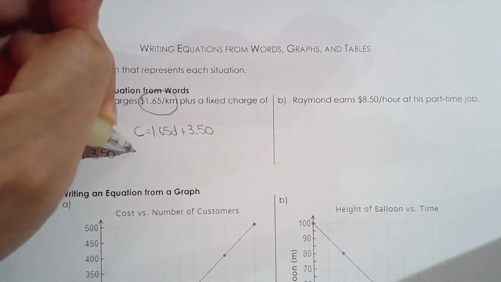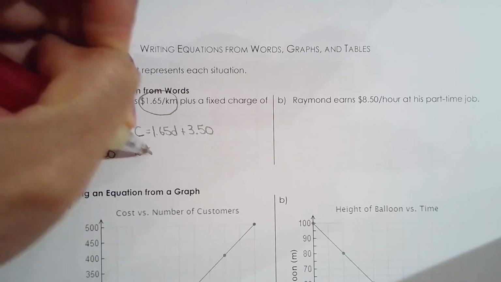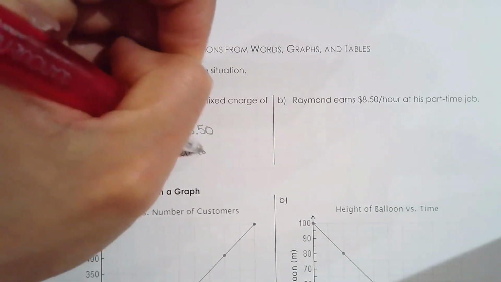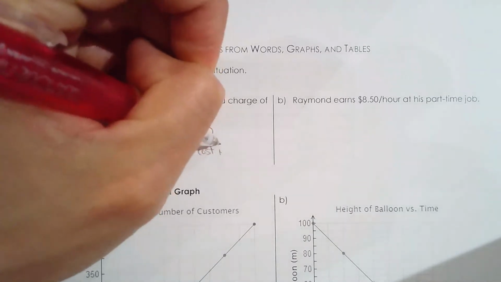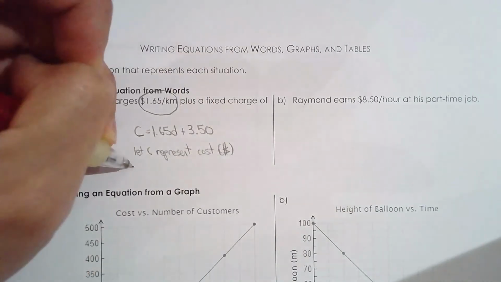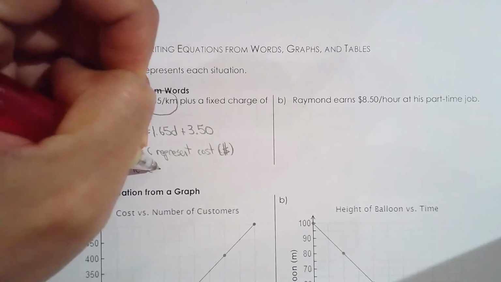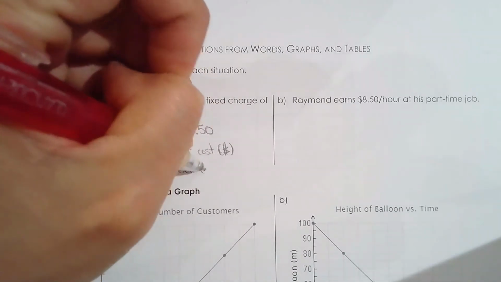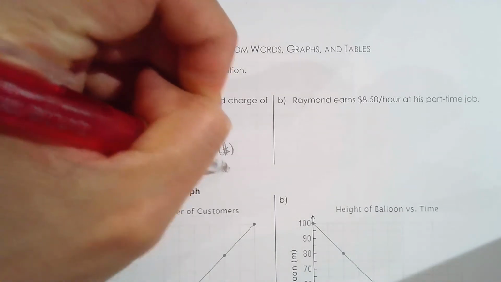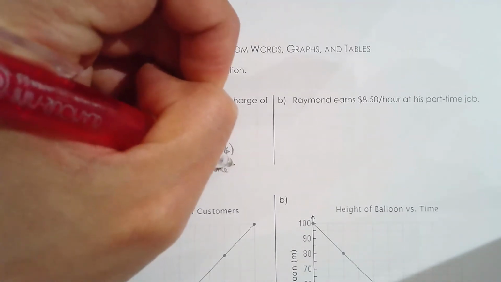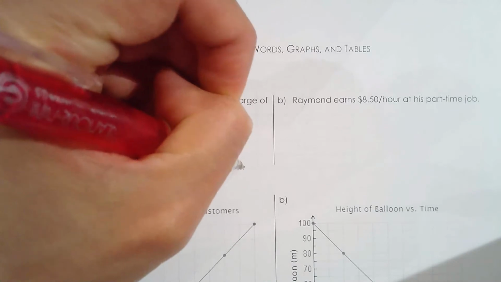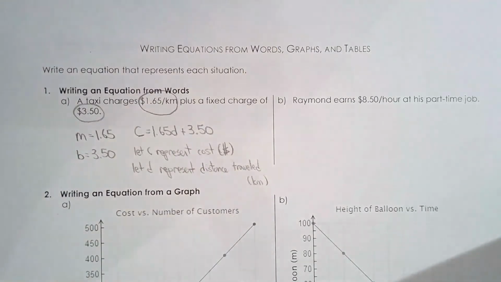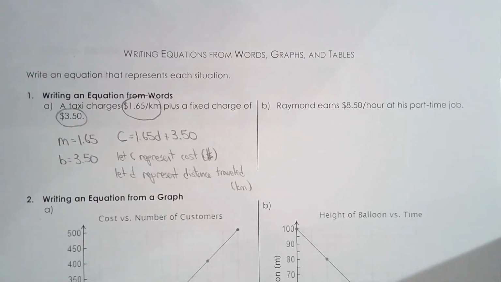So let C represent cost in dollars. Let D represent distance traveled, and that's in kilometers. Okay, all right, next one.